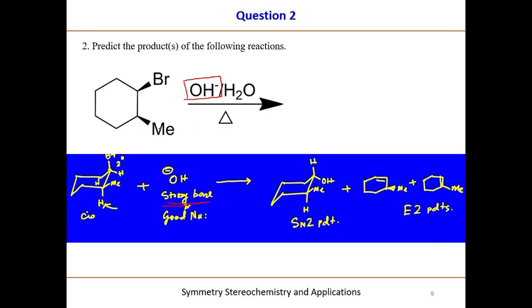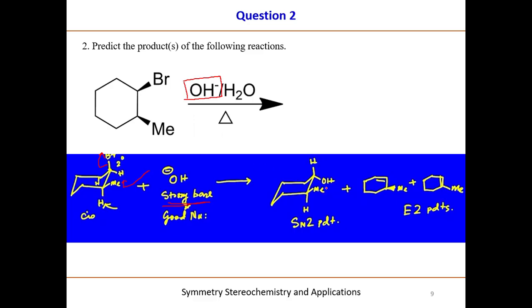So if we write the starting material, a molecule in a chair form, then we will observe that it is a cis isomer, right? Cis isomer. So this OH minus will attack from the bottom side, because the bottom side is less hindered and more available for the substitution, and the bromine group will leave from this side, correct?